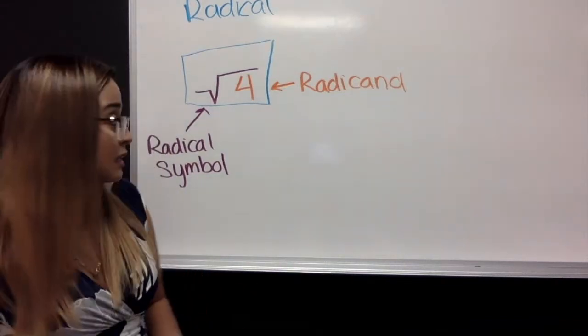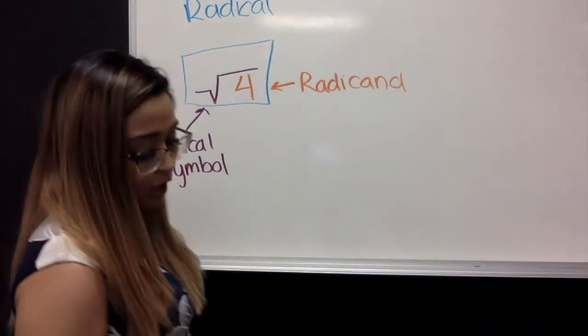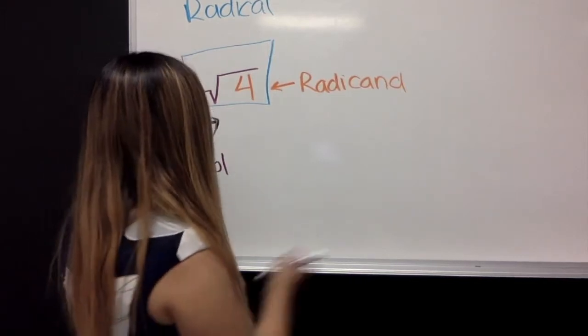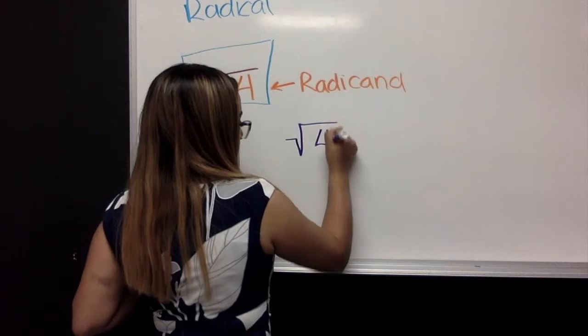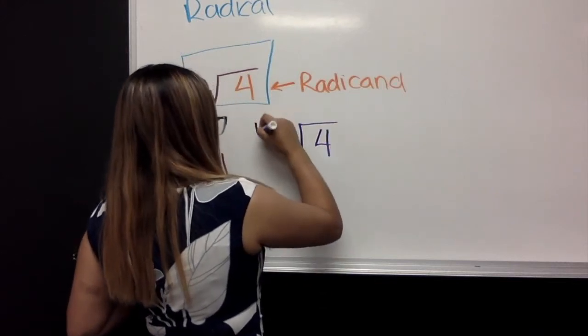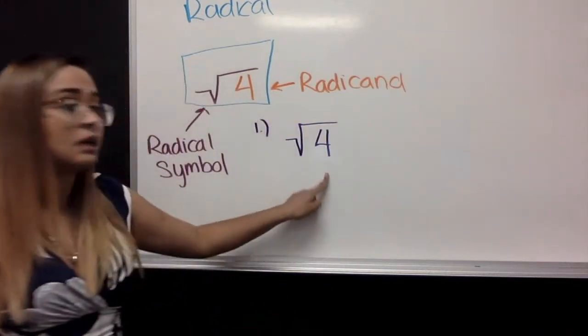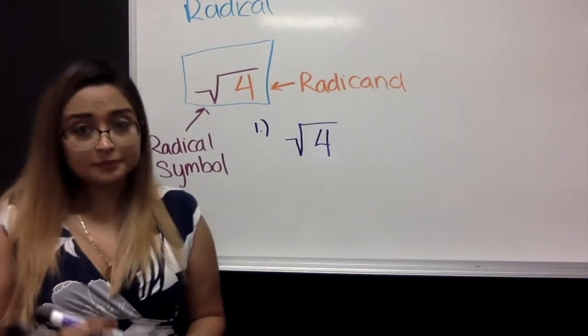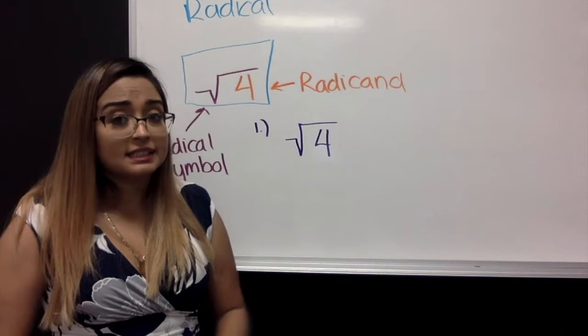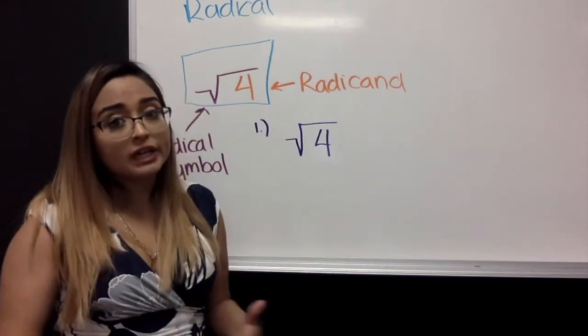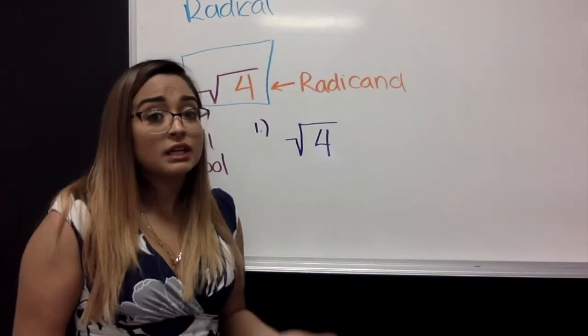Now, if you have this problem right here, how would we solve it? When you're solving for the square root of something, what you're doing is literally trying to figure out what number times itself equals this.